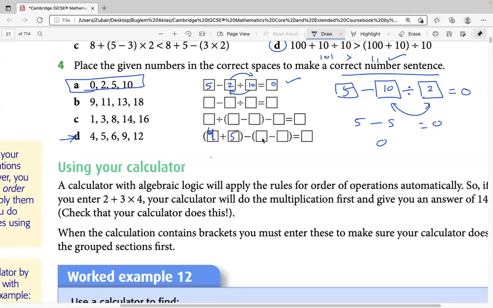I mean 9 minus 12. Okay, let's see. 4 plus 5 is 9, and 9 minus 12 is minus 3. So this would be 12, and it is not equal to 6.